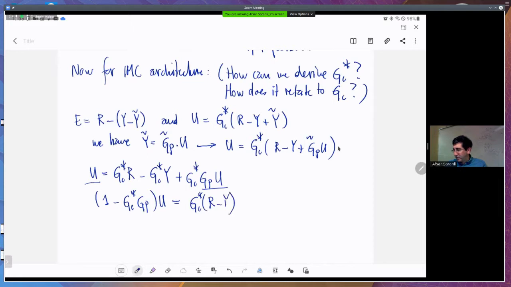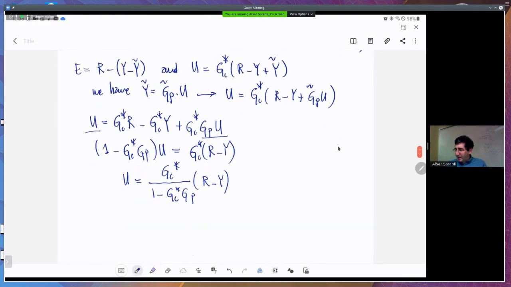And therefore, I can express u as a function of r minus y as gc star over 1 minus gc star gp tilde, okay, times r minus y. Now think about this. This is the IMC version of u. Okay, remember u is what's going to the plant.